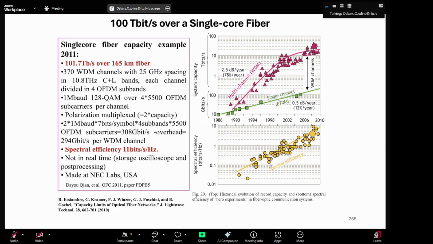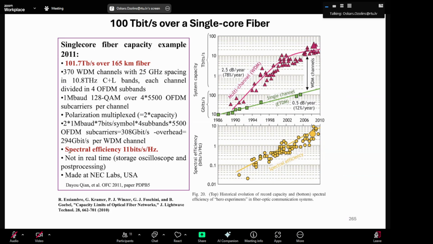The OFDM symbols were 1 megabaud 128 QAM, with 4 times 550 OFDM subcarriers per channel. Then with polarization multiplexing, you get around 294 gigabits per wavelength channel.